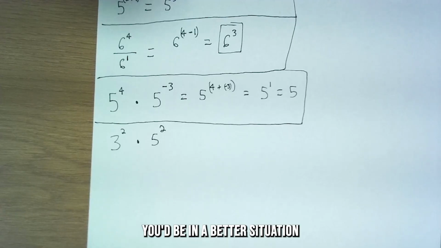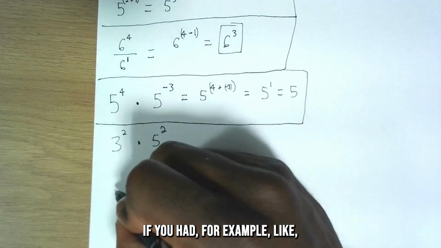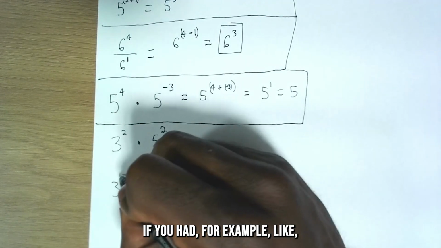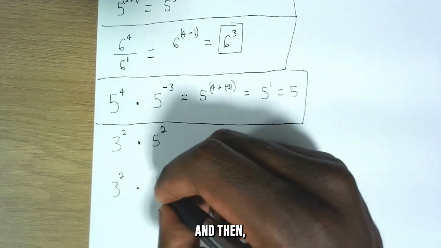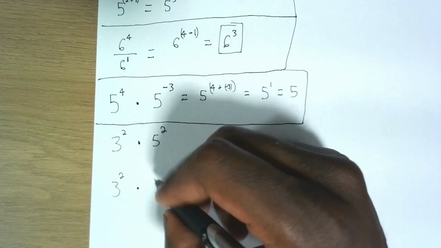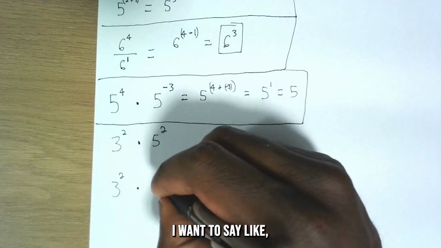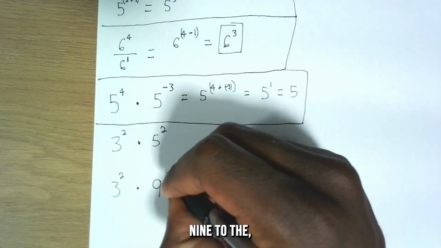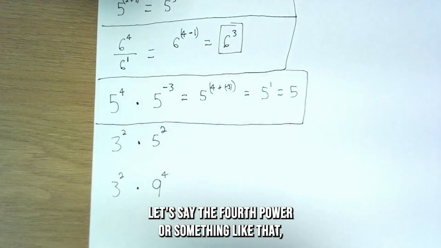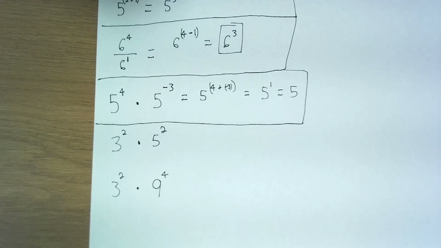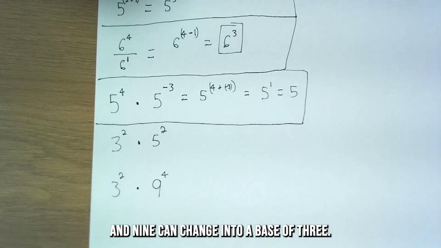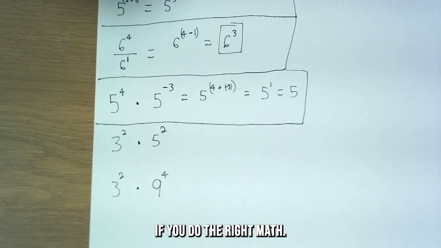You'd be in a better situation if you had, for example, like 3 squared, and then I want to say like 9 to the, let's say, the fourth power or something like that. Because you have bases that can be broken down, and 9 can change into a base of 3 if you did the right math.